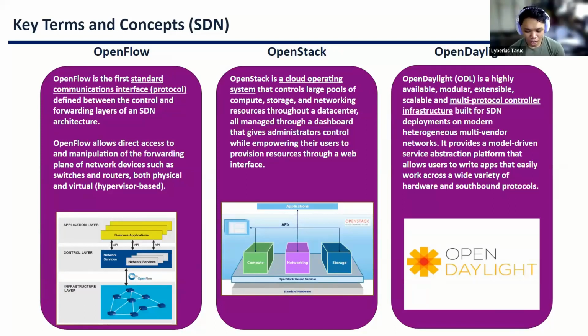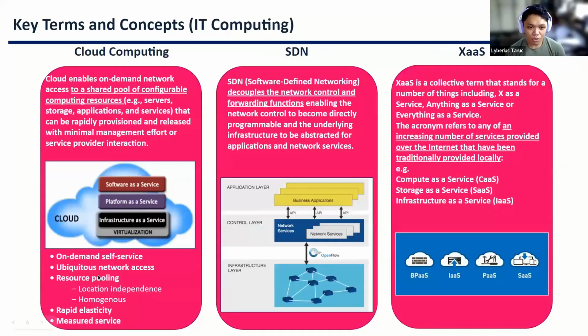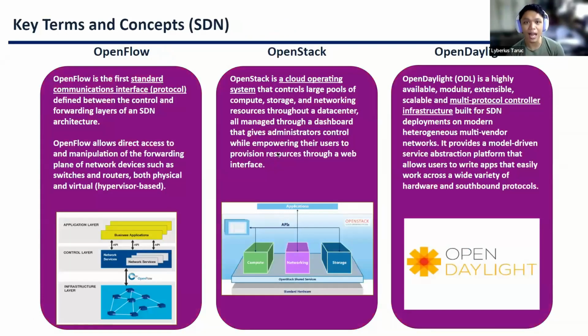Remember the cloud services that we have here. We can implement these services or characteristics through the use of a cloud operating system, an example of which is OpenStack. It allows the configuration of large pools of compute, storage, and networking resources within a data center.